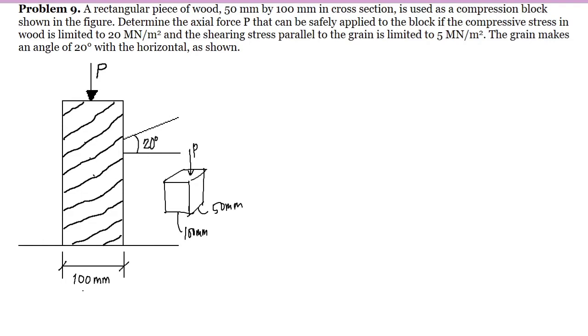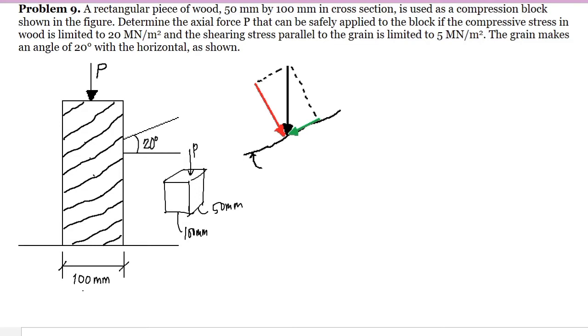kukunin natin yung dalawang components. Since naka-inclined yung grain ng wood, then we would have components of the force. Kakaroon tayo ng free body diagram. In this free body diagram, makikita natin dito that this is the force P, and this line here is the wood grain.